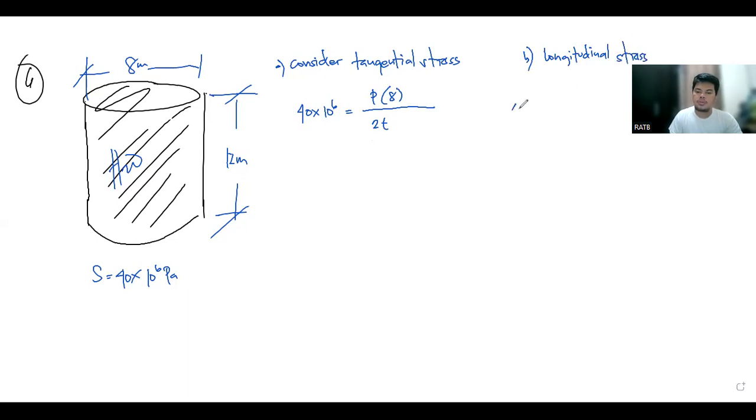So you have there 40 megapascal, that is the internal pressure multiplied by the diameter divided by 2t. So now how do we calculate for the internal pressure? Pressure due to a column of fluid is equivalent to the specific weight of the fluid multiplied by, of course, the height.